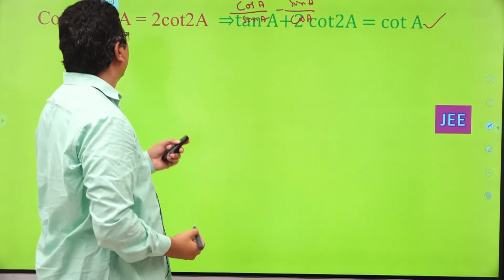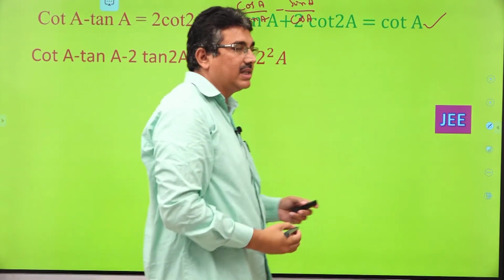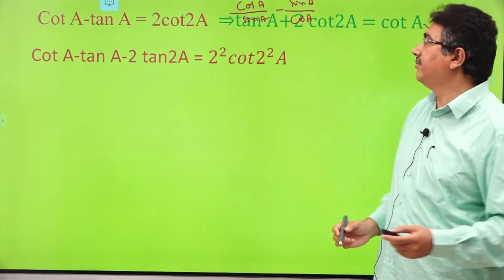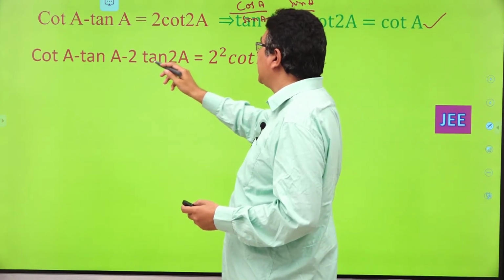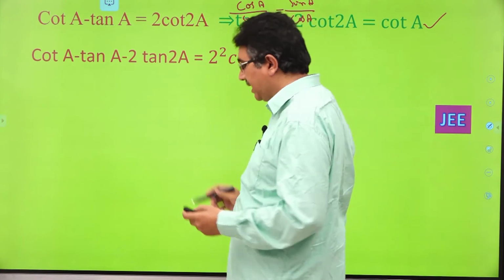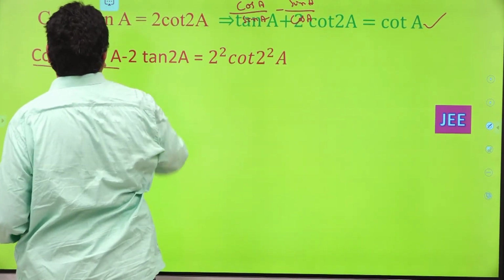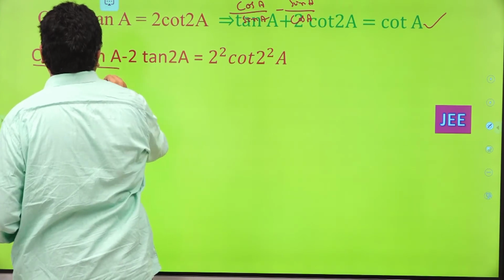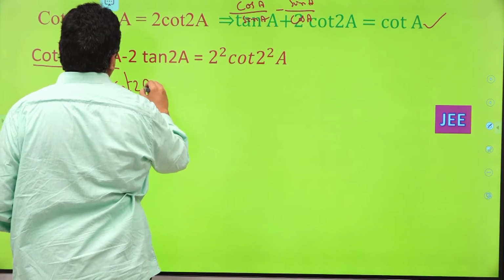See the series: cot A minus tan A minus 2 tan 2A is equal to cot A minus tan A, that is equal to 2 into cot 2A.